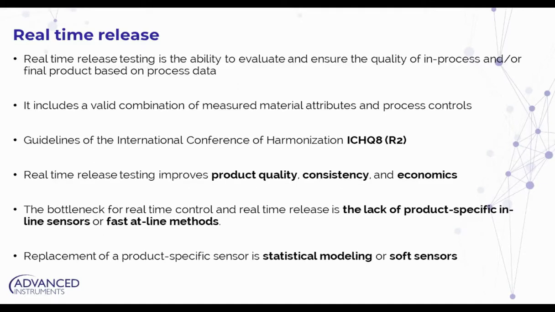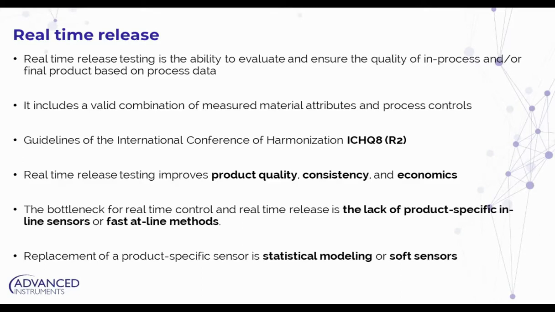This is the testing of our process and in-process data, to know the quality of the product at any stage in the process. And then after you have finished the process, you know that your product is within specification. Therefore, we measure a combination of material attributes and process controls.